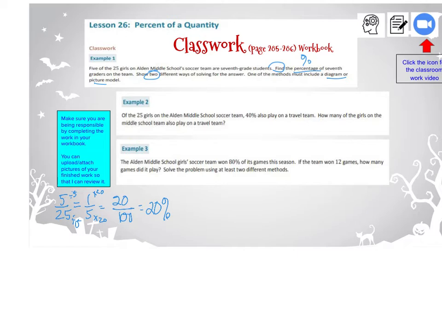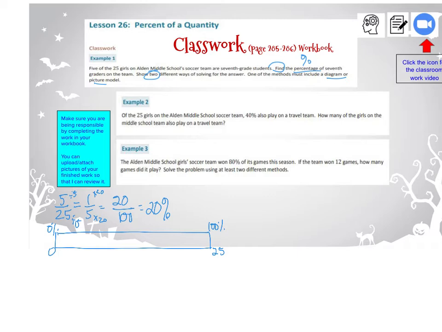But now they're saying one has to be a diagram. So right below this, I'm going to draw, and I've got my percent here, and then I'm going to have my numbers below, like the people, the girls. And I'm going to put 100% right here, because 100% would be the whole entire 25 girls that are on the team. So 25.